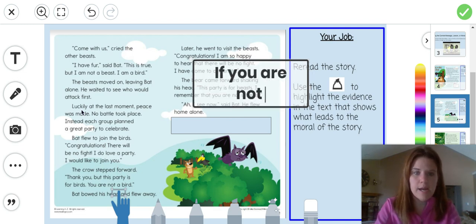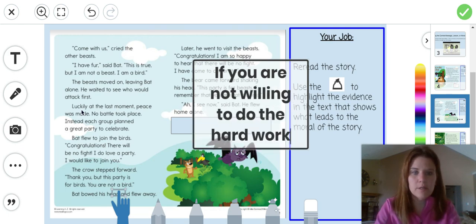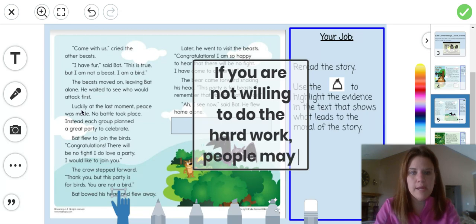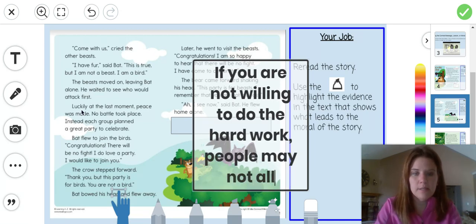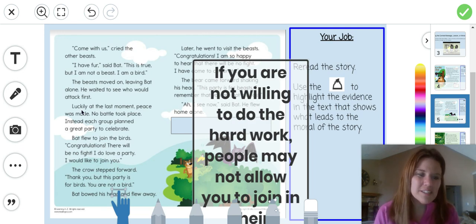If you are not willing to do the hard work, people may not allow you to join in their celebration, right? Because that's a lesson we know in life.